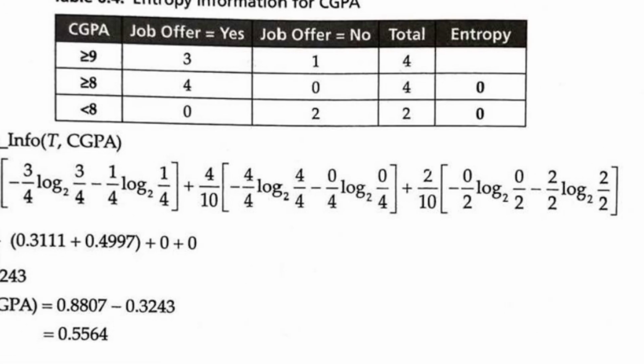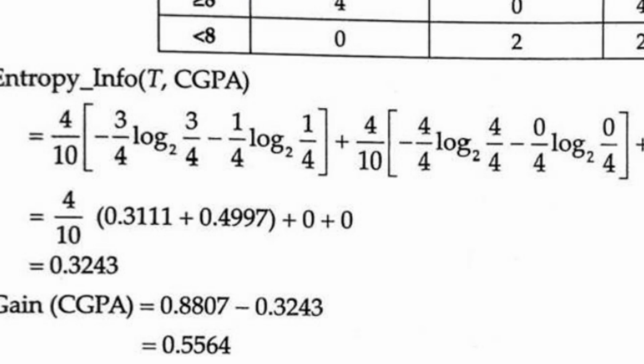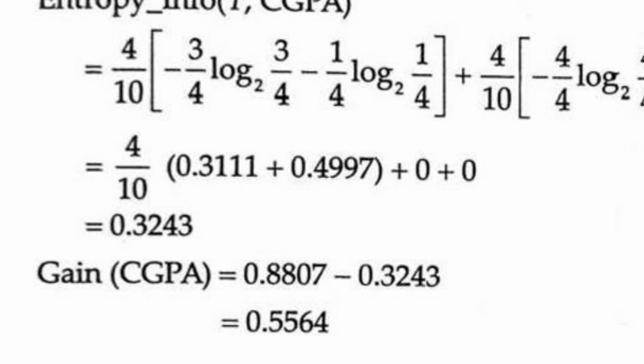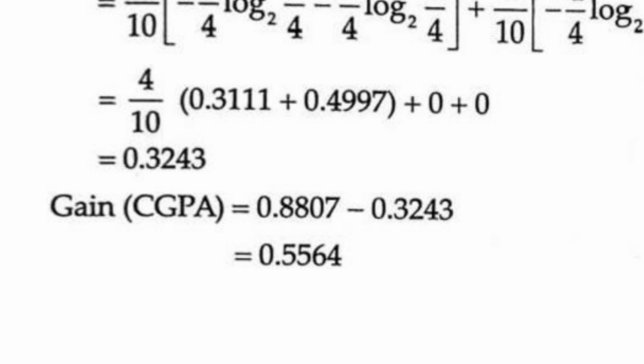As I told, if one of the classes is 0, you can directly substitute that as 0. So you are left with only one term, which you compute. You will get 0.3243. The information gain of CGPA is the total entropy minus this one. The earlier value we got was 0.8807, minus 0.3243, the value is 0.5564.